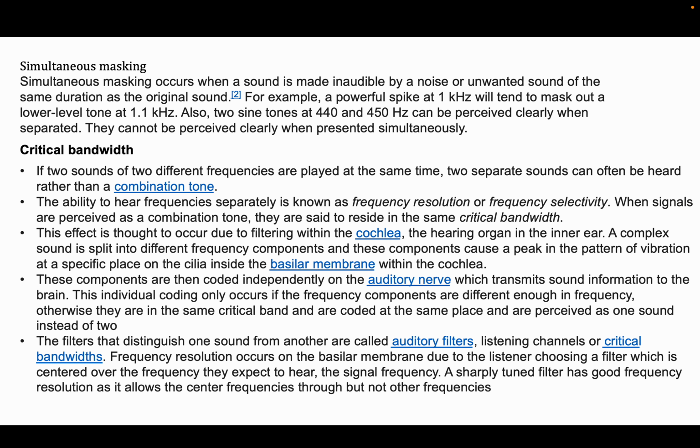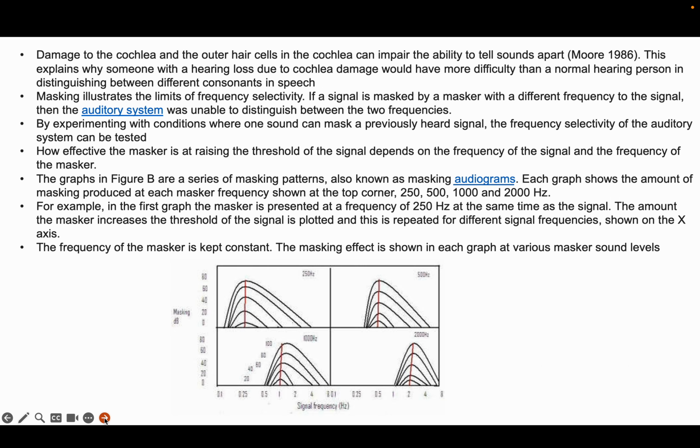So if you have a sharply tuned filter that has good frequency resolution, it allows the center frequency through, but not other frequencies. So just an interesting thing about this perception of different or separate or combined tones when presented simultaneously or slightly delayed.